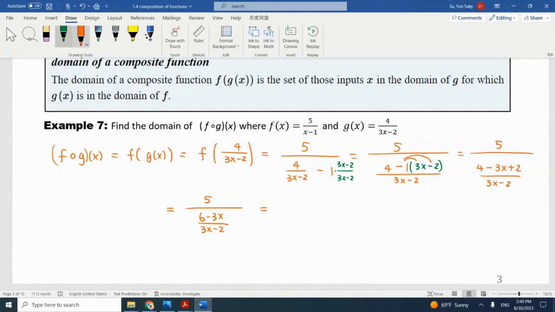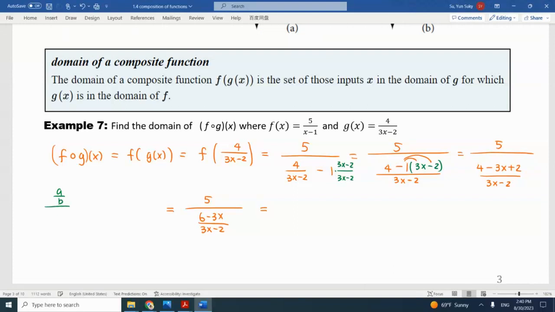And remember, we have a over b over c over d is a over b times d over c. When you divide by a number, it's the same as multiplying by its reciprocal.